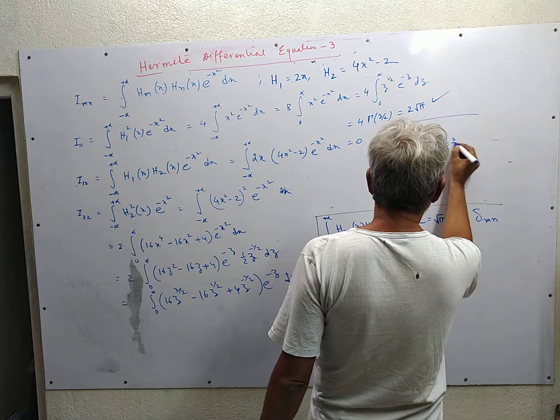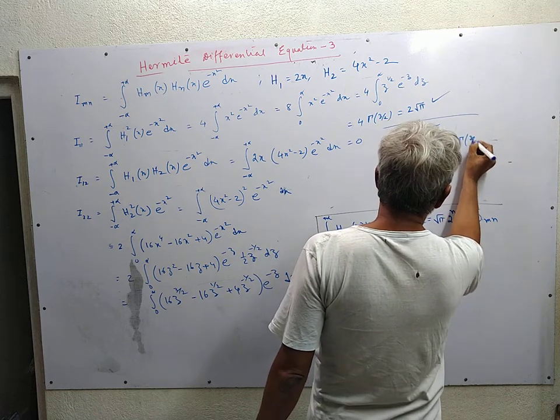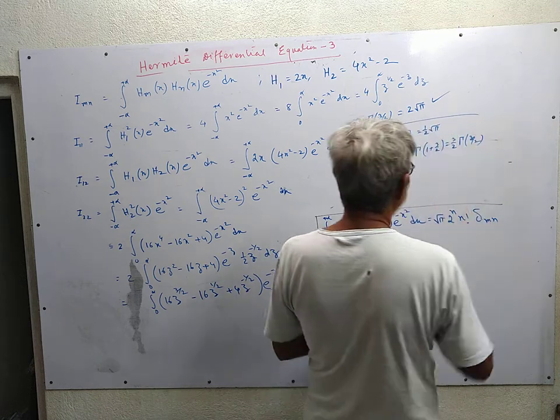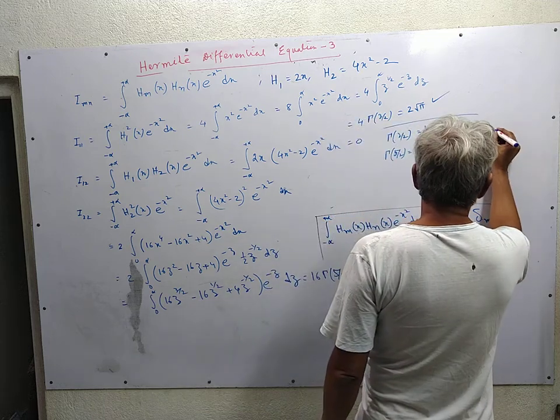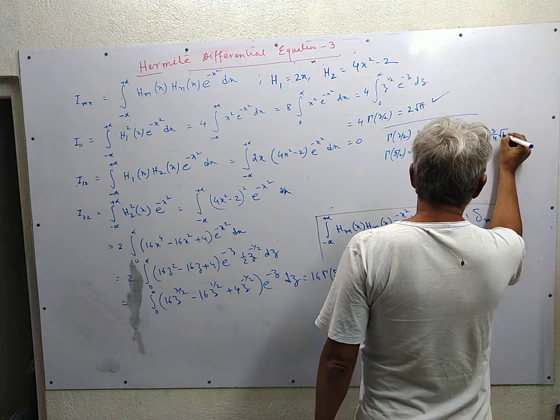So this is 3 by 2 gamma of 3 by 2, so this is 3 by 4 root pi.